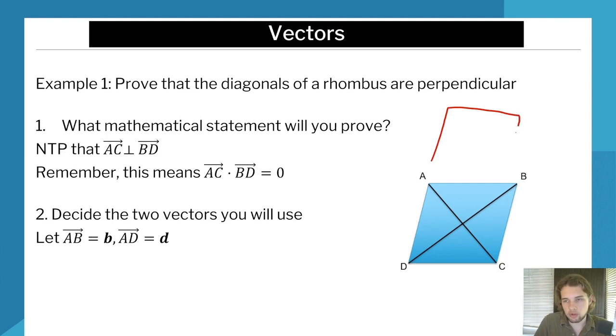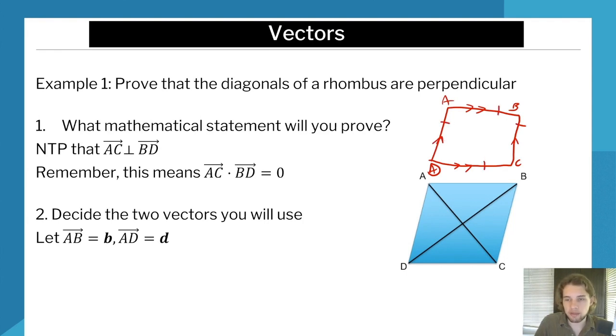Okay, so we have this rhombus here. D, A, B, C. Now, we should note that the opposite sides of a rhombus are parallel, and that every side of a rhombus has the same length.